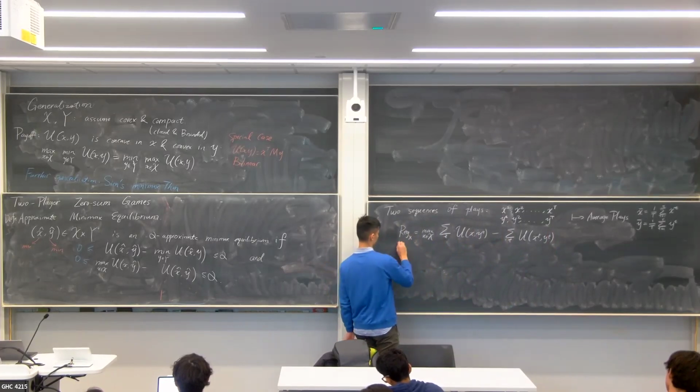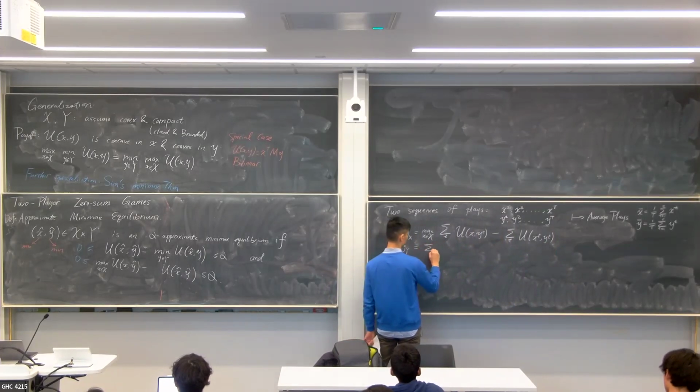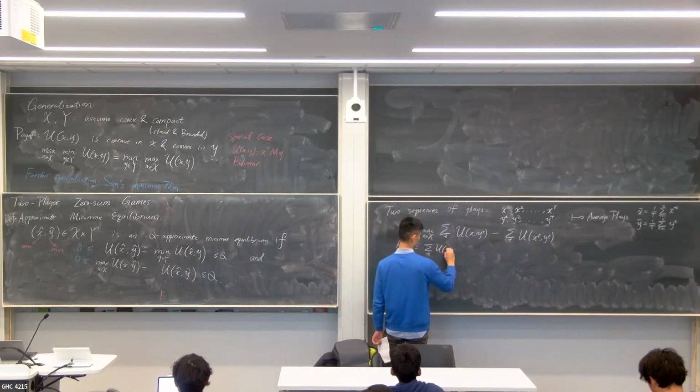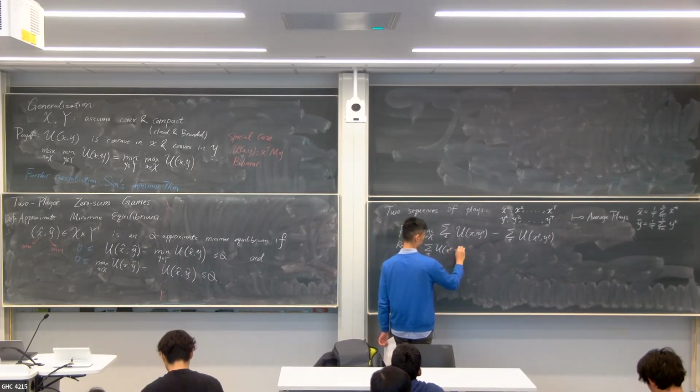As expected, there's a regret for the other player Y, which just switches the order because this person is trying to minimize.